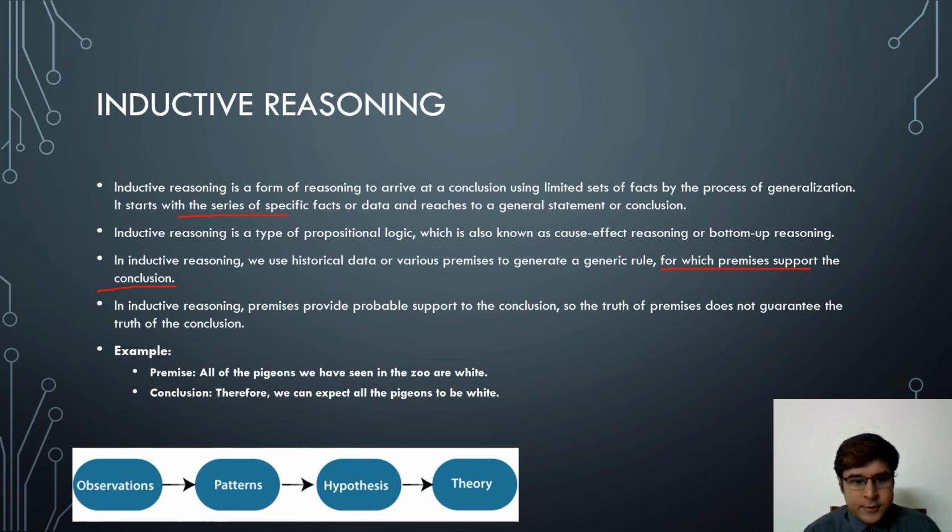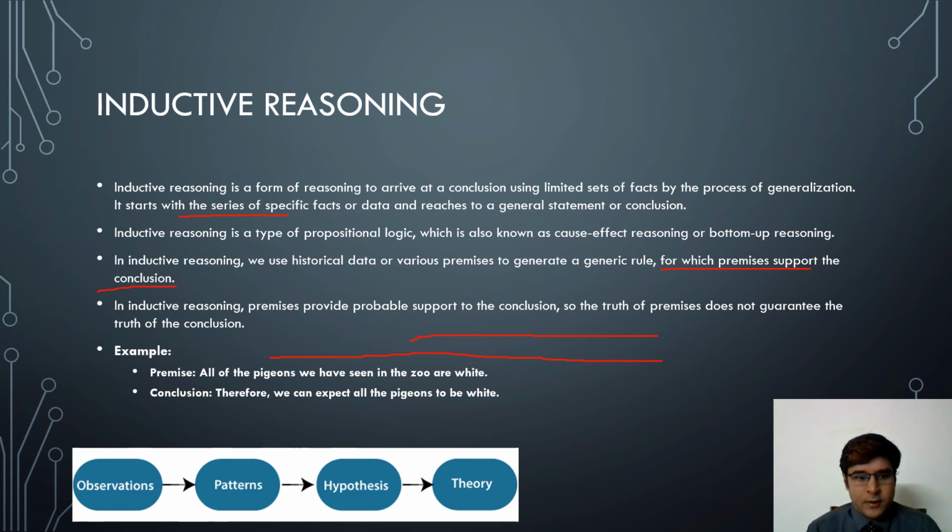In inductive reasoning, premises provide probable support to the conclusion. So the truth of the premises does not guarantee the truth of the conclusion. So this is probable support, which means only a basic probability of truth is provided to the conclusion by the premises. So if the premises are true, it does not guarantee that the conclusion is true.